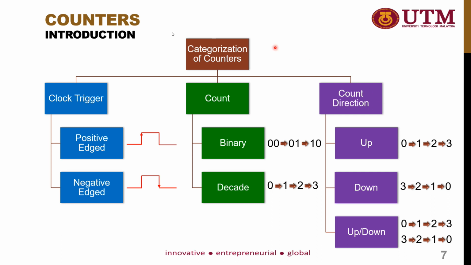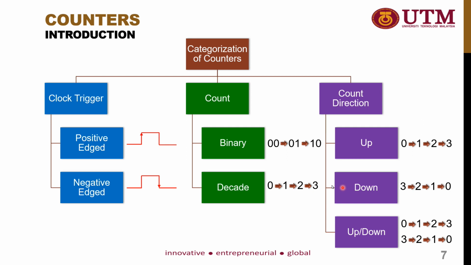So from here you can see that counters can be categorized into three categories, which are clock trigger, count type, and count direction. Each category of counters has a different connection of flip-flops inside the counter. Later on you will see how we design the positive edge counter, negative edge counter, binary, decade, and also the up and down counters.